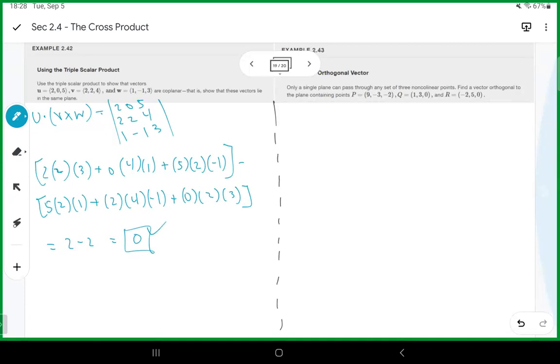So what that tells us is the volume is 0 units cubed, which means one of the dimensions is 0.